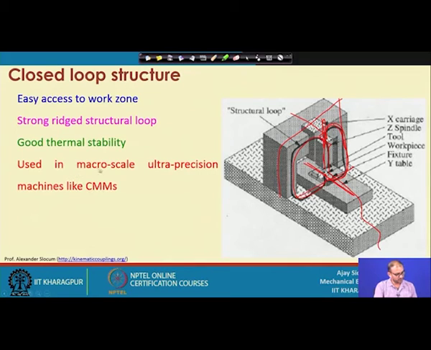and mostly it is used in macro scale ultra precision machining, and in things like CMM. CMM is the coordinate measuring machine.